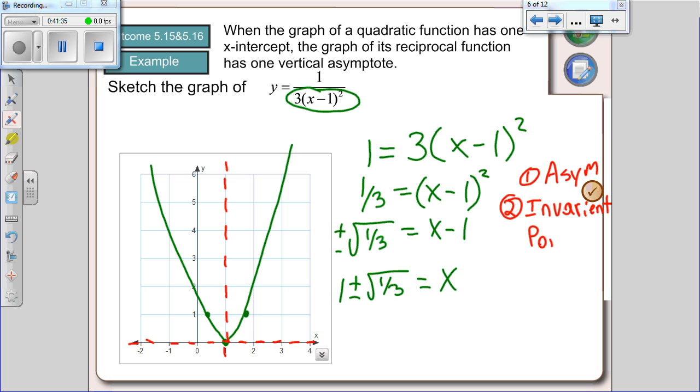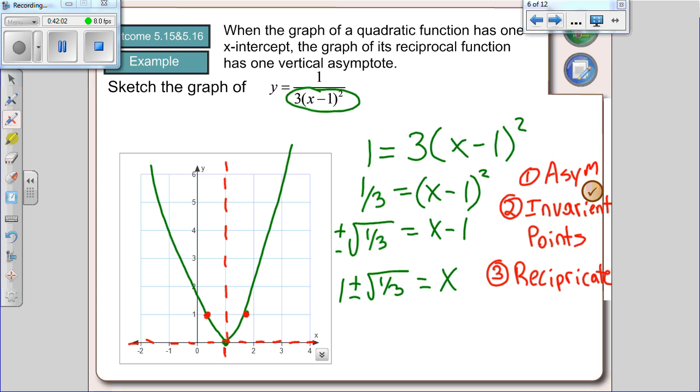Your third step is reciprocate. So you have 2 lines. Invariant points are on your graph where y is equal to 1. So there, and go through there. Always 1. It's always when y is 1 or y is negative 1.